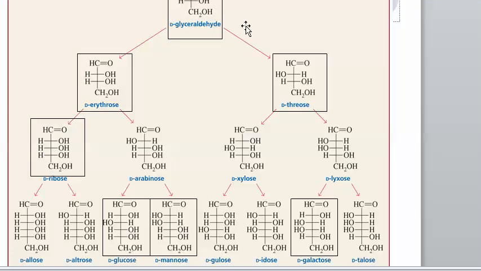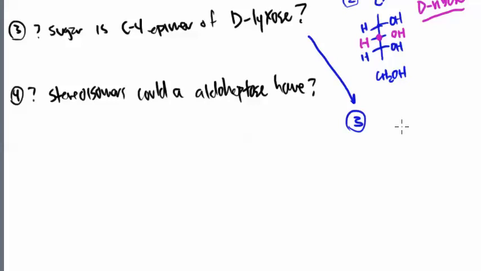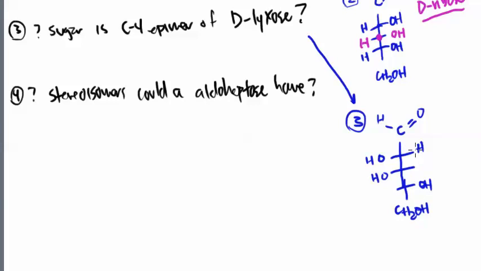So I go to this chart, and here is lyxose, and I'm just going to copy that structure down on the sheet of paper, right? So C double bond OH, and then down below CH2OH, and for this thing to be lyxose, the first OH is to the left, the second OH is to the left, and the third OH is to the right.